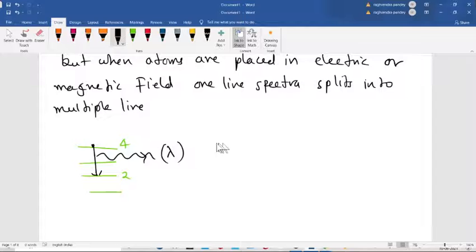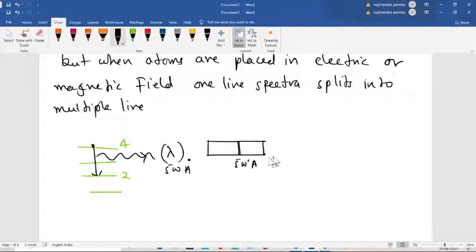Now on the photographic film, suppose it is in the visible region, around 500 angstrom. So this is coming here at 500 angstrom. On the photographic film, we will see a single line of this wavelength.